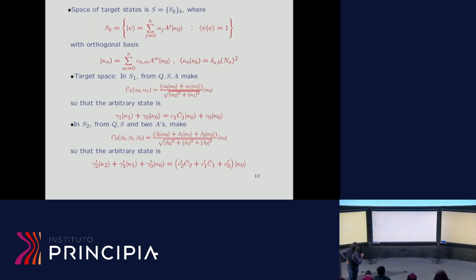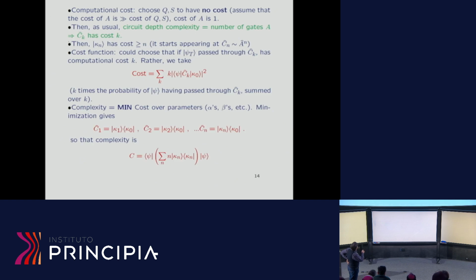So C1, for instance, had this parameter alpha 0 and alpha 1, right? Minimization means that alpha 0 is 0 and alpha 1 is 1, and so on. And so the complexity, which is the minimum over the parameters, amounts to this formula.